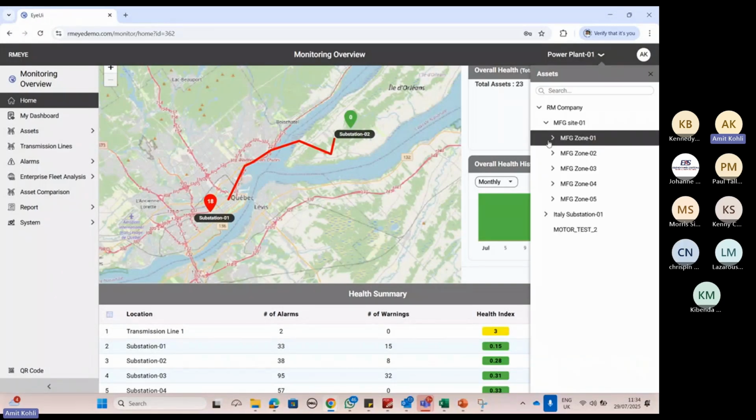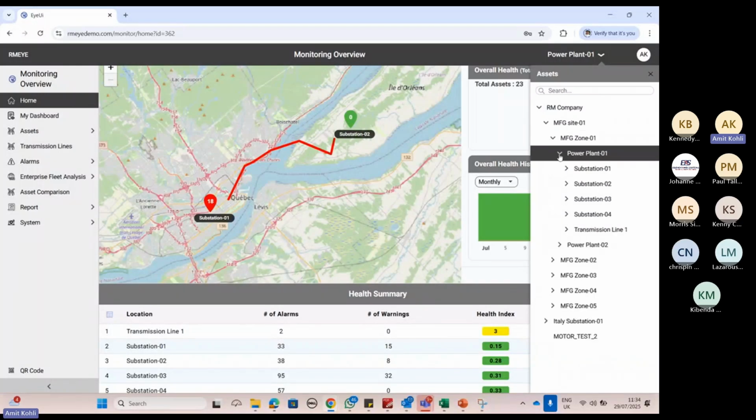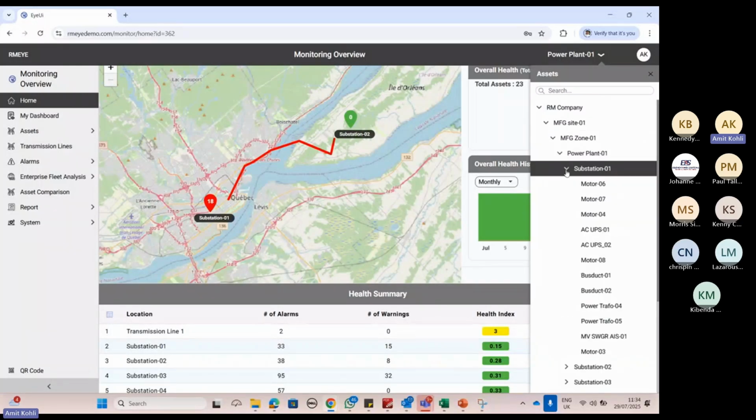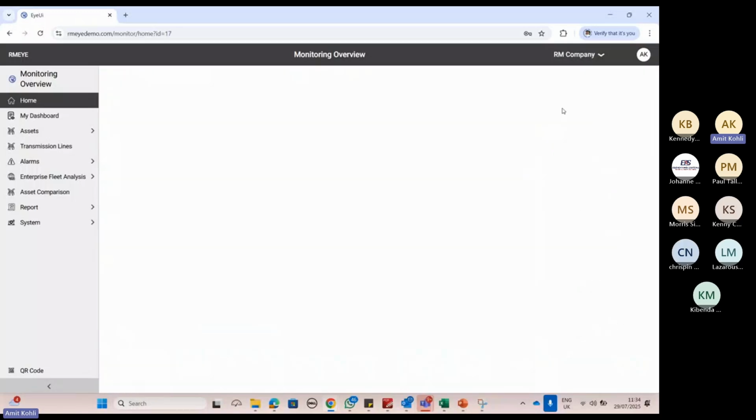If I click on the tree view, it shows me all the grid network configured for that particular customer. At this level, it is showing me the company level view. And if I click on any other level, it will show me another view.